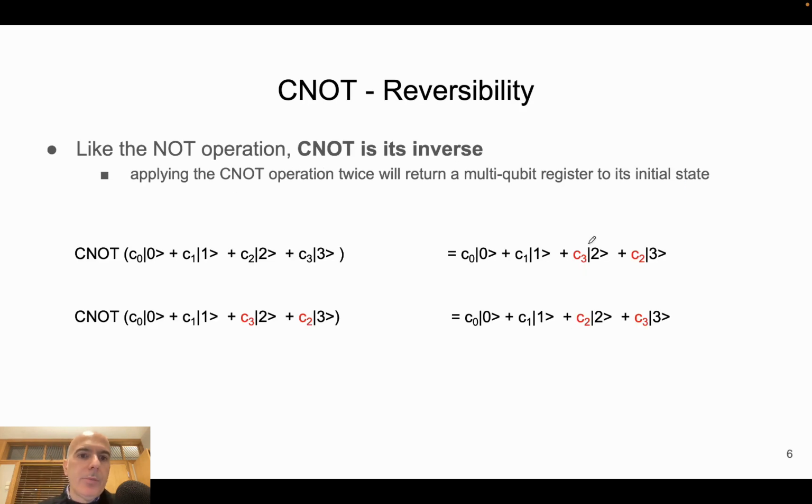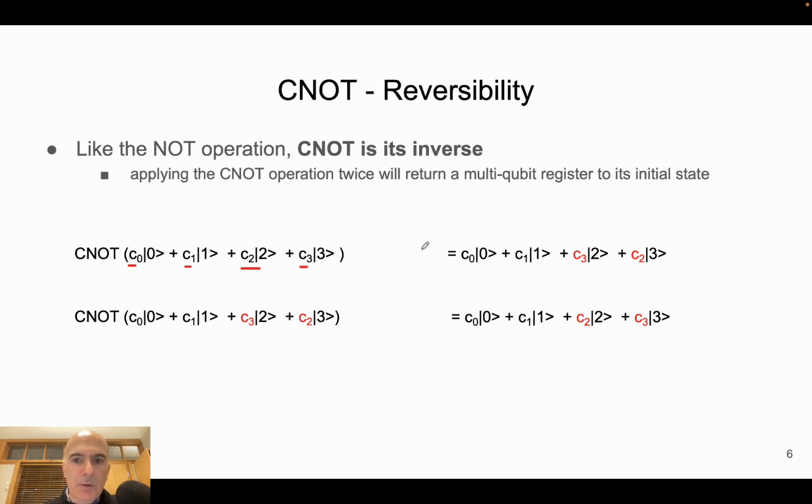Like the NOT operation, the CNOT is its own inverse. That means that applying the CNOT operation twice will return a 2-qubit register to its initial state. If we do this controlled NOT, you can see here that we have a 2-qubit system characterized by a complex number multiplying each state.